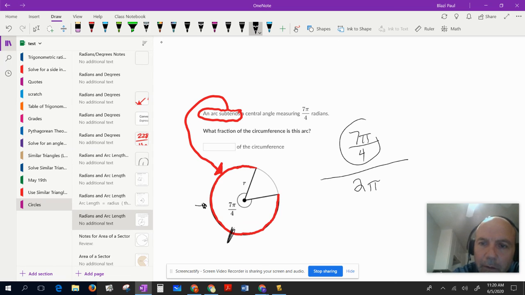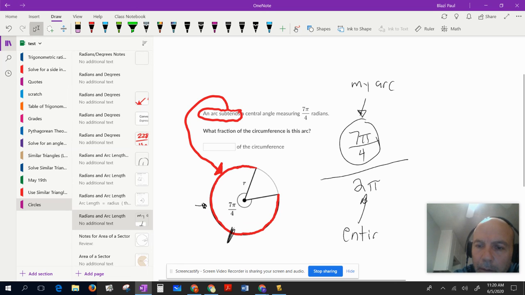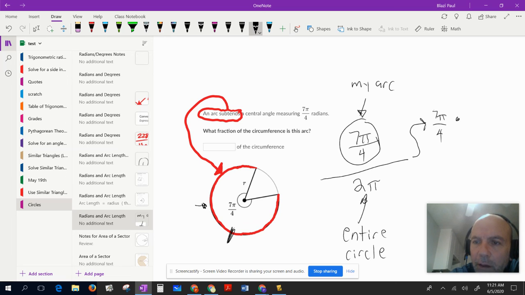So this is my arc, and this is the entire circle, the length around the entire circle. So I have 7 pi over 4 over 2 pi, which is the same as divided by 2 pi.